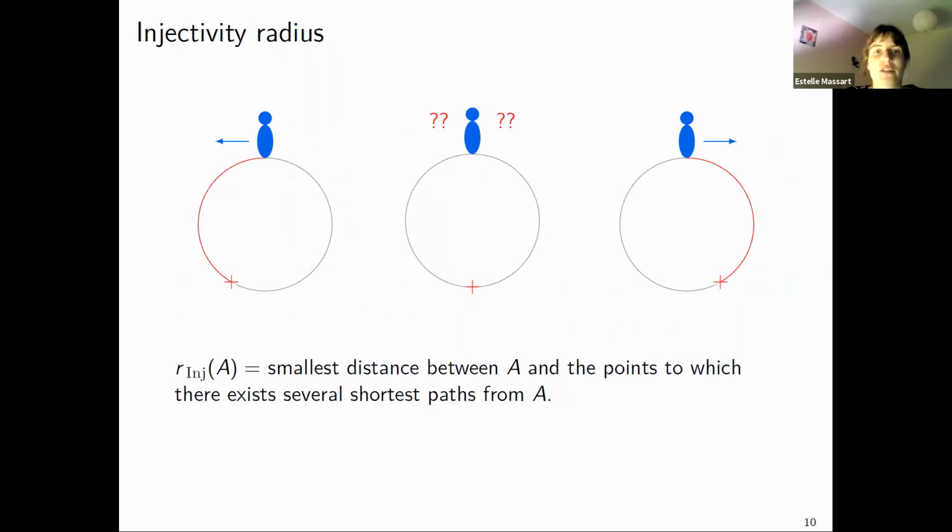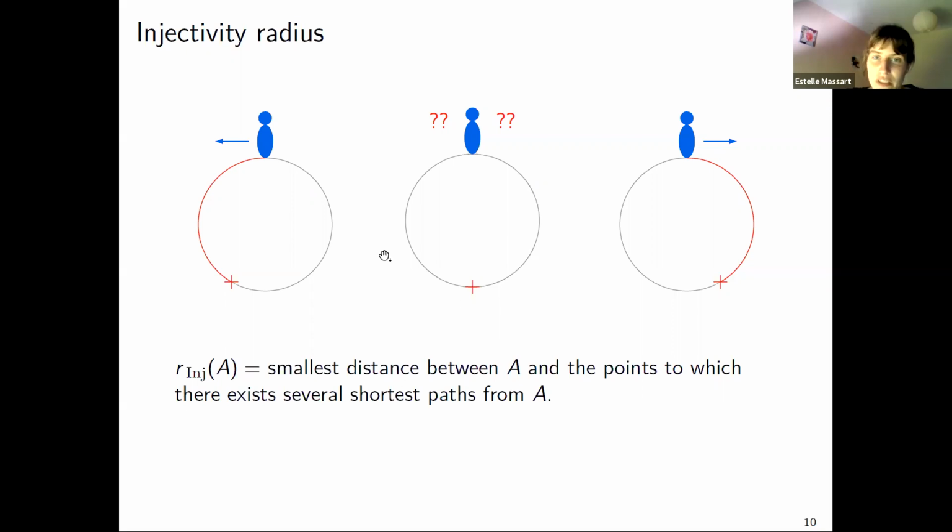So it's a very counterintuitive fact when you are used to working on Euclidean spaces. But in manifold theory, it's actually well known as a possible behavior, and this is strongly related to the notion of injectivity radius. Essentially, on a manifold, the injectivity radius is the smallest distance between a point of your manifold and the points to which there exist several shortest paths from the initial point.